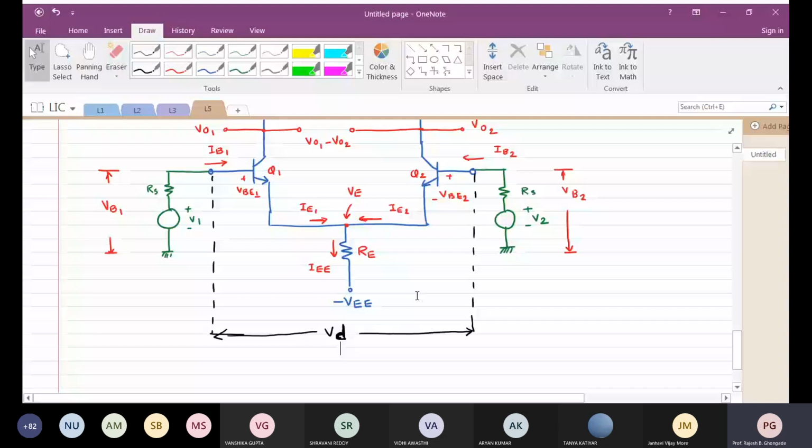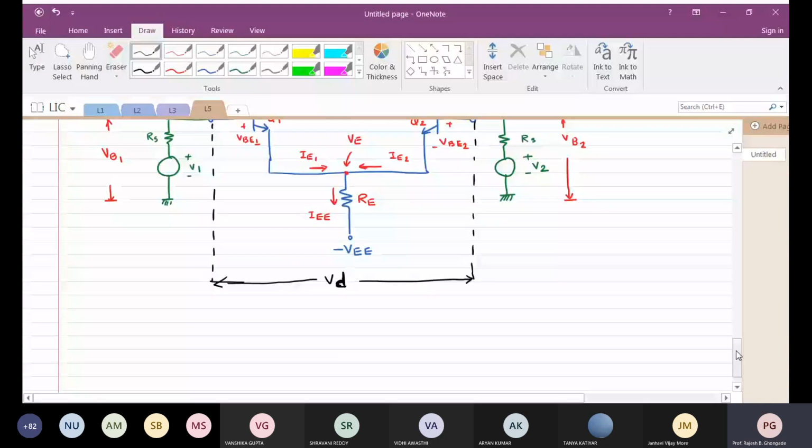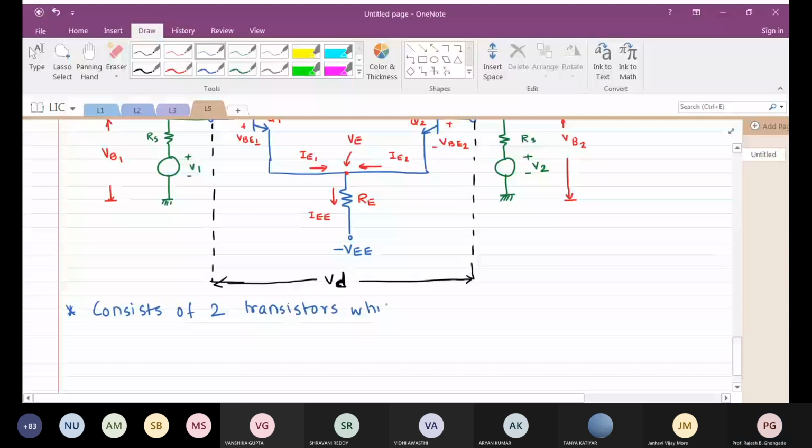The differential amplifier consists of two transistors. So we'll write it down so that you'll be able to understand it clearly. It consists of two transistors which are emitter coupled. It simply means that both the emitters are connected together and the common point is connected to the negative power supply.